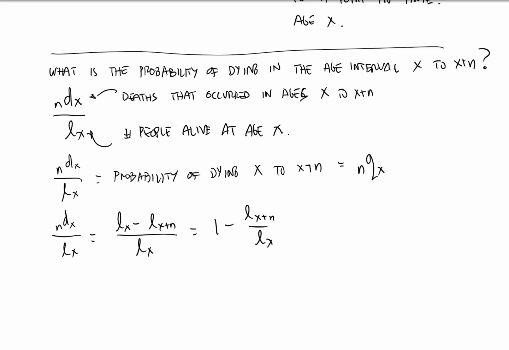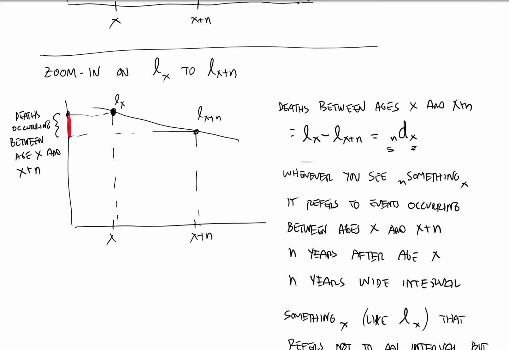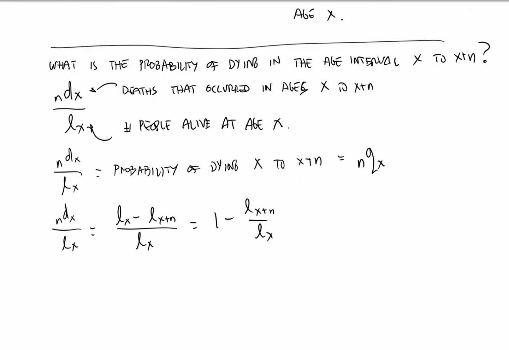And so what is L of x plus n divided by L of x? These are the survivors to age x plus n. These were the survivors at age x. So that is the probability, given that you lived to be age x, that you would still be alive at age x plus n.